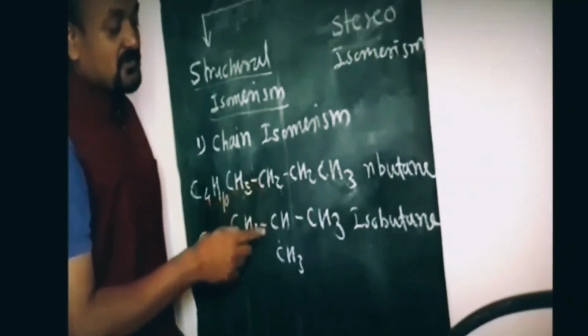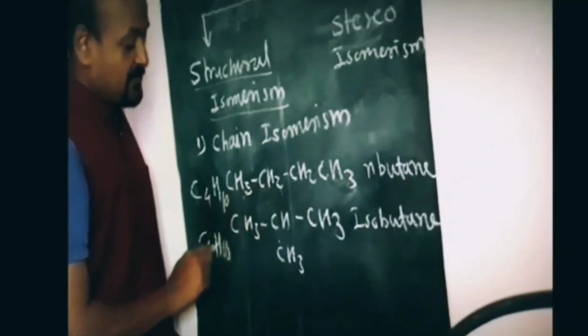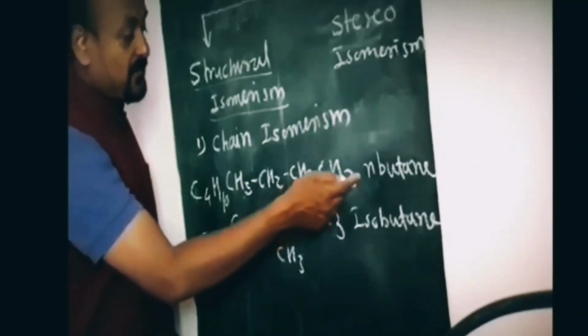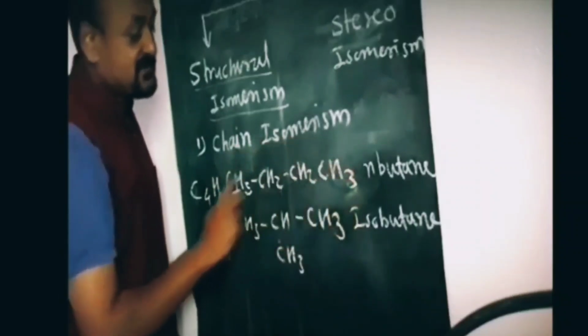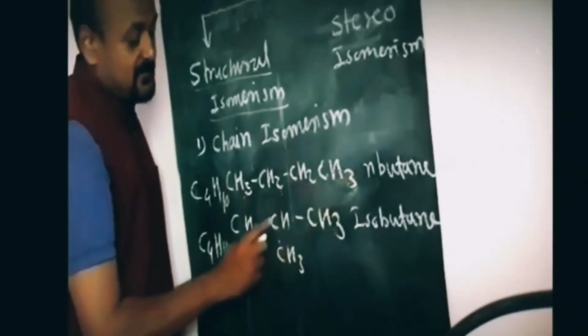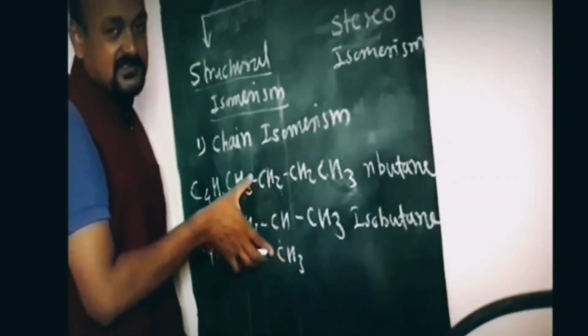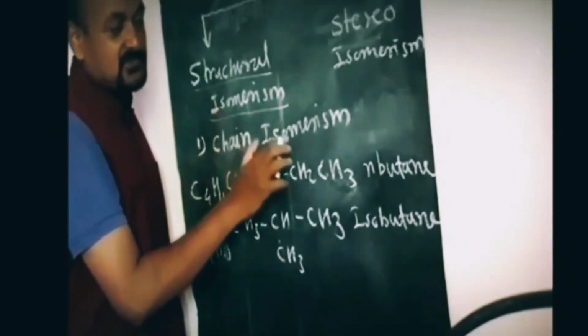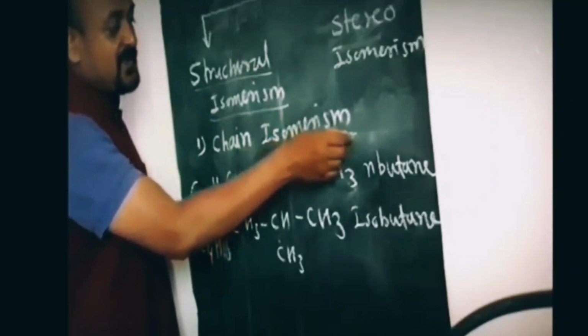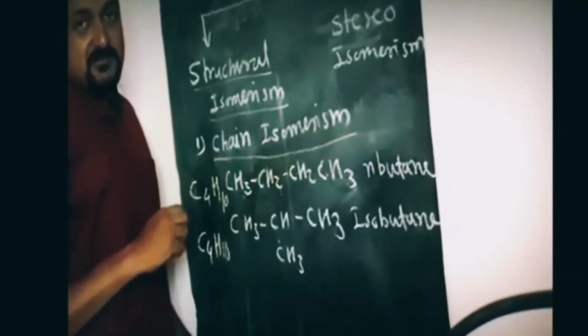So these 2 compounds having same molecular formula but different in the chain. This is straight chain, whereas this one is a branch chain. So this type of isomers are known as chain isomers, and this phenomena is known as chain isomerism.